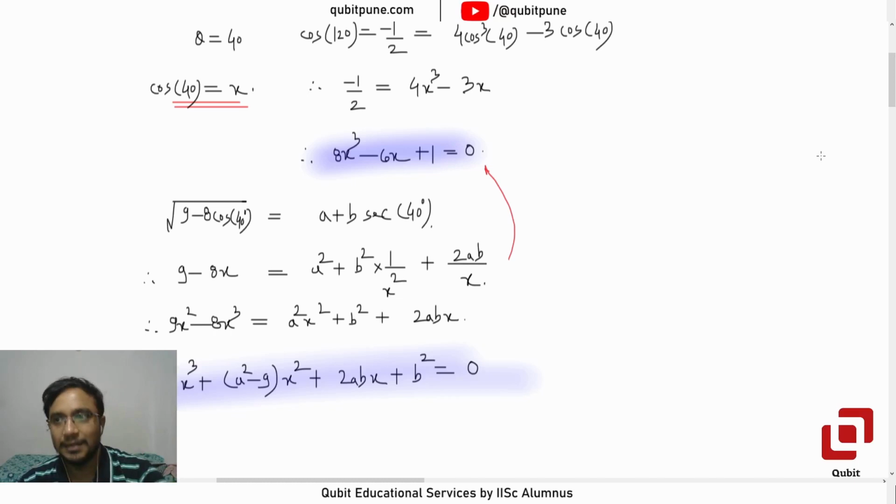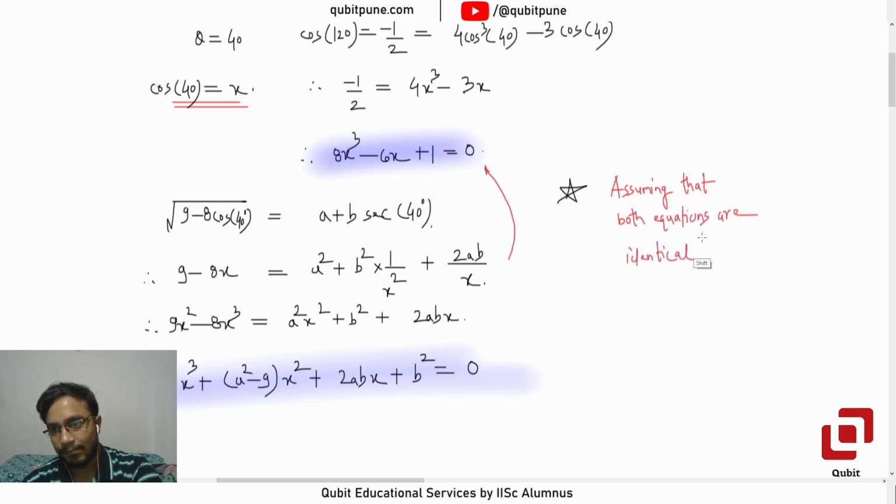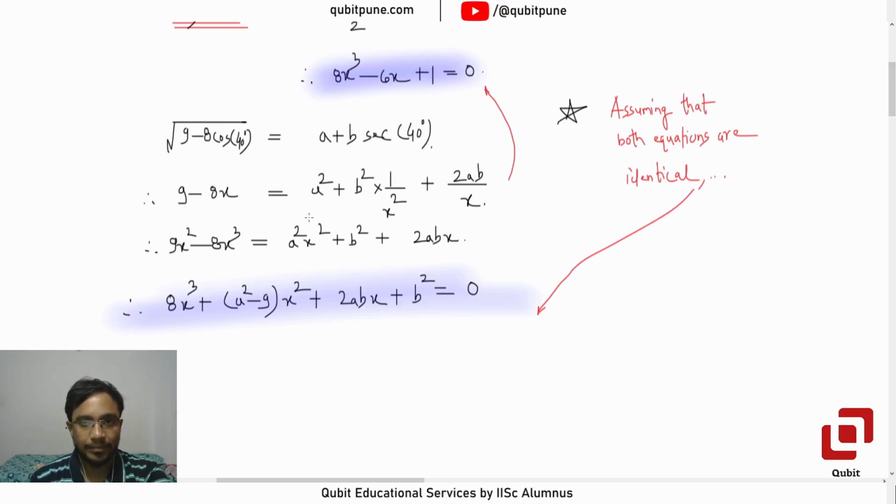That is possible, but we have to assume that both equations are identical. So let's equate the coefficients. 8x cube is there. There is no x squared coefficient, so a squared minus 9 is 0. That will give immediately a as plus or minus 3.